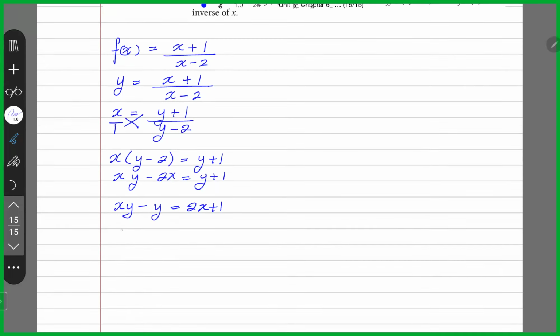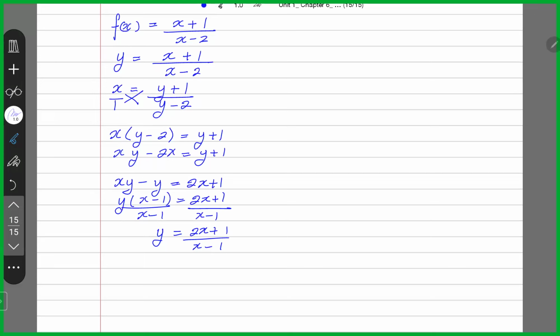Over on the left, I'm going to factor out a y, and this is equal to 2x plus 1. Then I'm going to divide both sides by x minus 1, and I'm going to end up with y is equal to 2x plus 1 over x minus 1. Now, y is equal to 2x plus 1 over x minus 1 is the defining equation for f inverse of x.